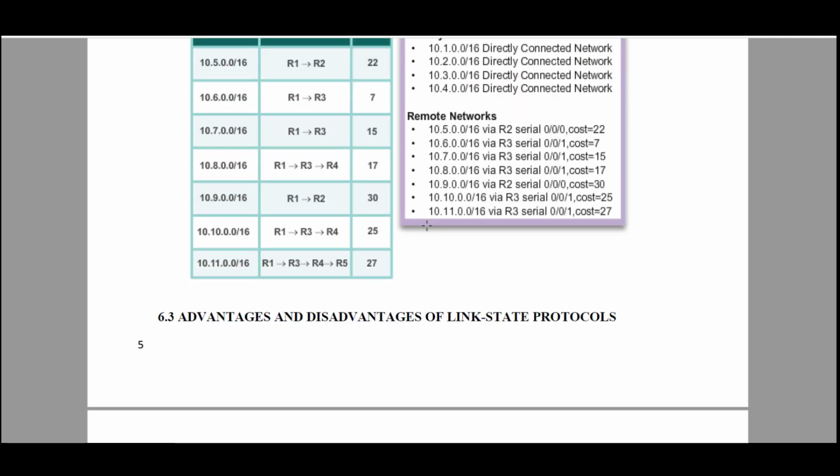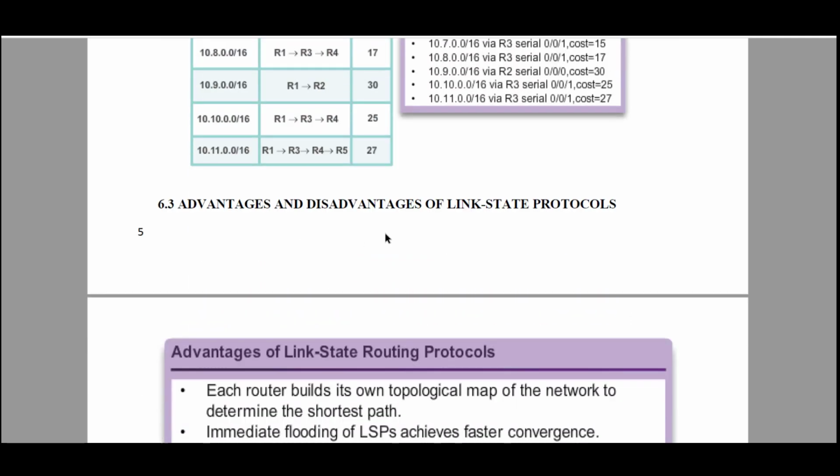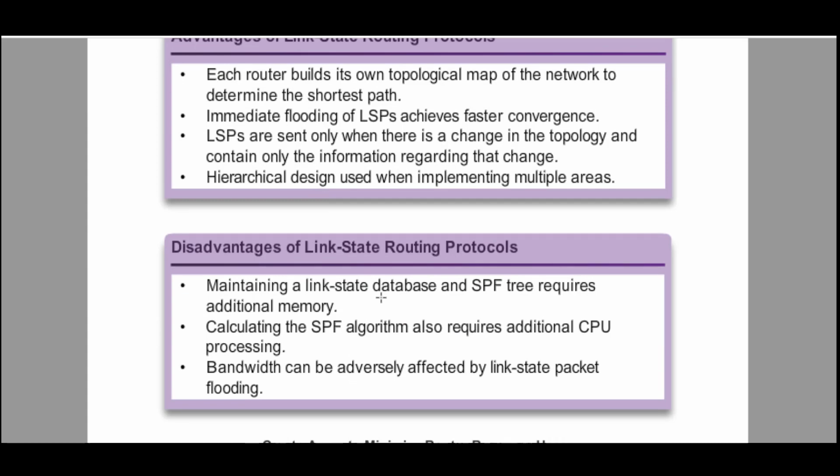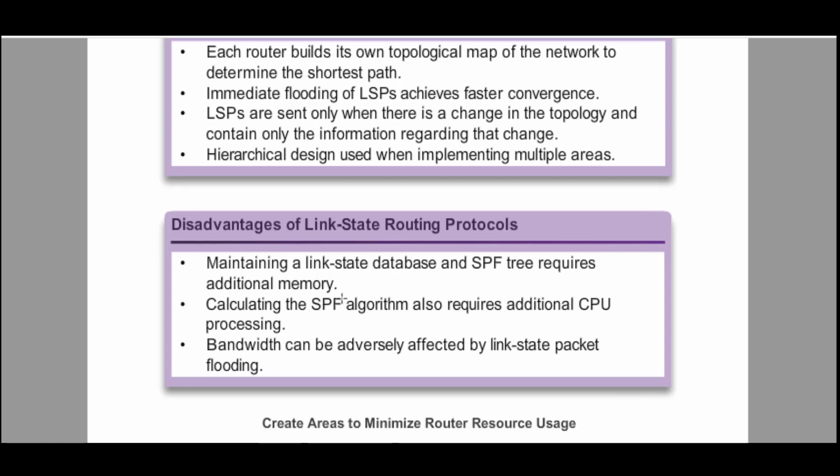Now you can see advantages and disadvantages of link state protocols. Let me go for the disadvantages first. The first disadvantage is that calculating the SPF algorithm requires additional CPU processing, so it needs more resources.